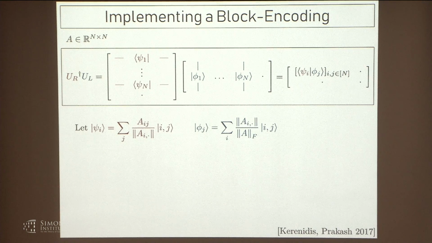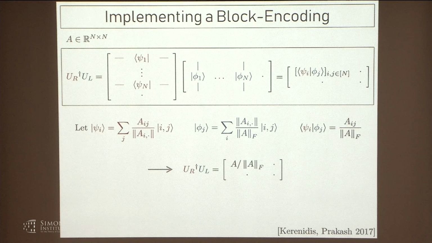And then you can see that if I define the vectors this way, I do have that psi i phi j is just the ijth entry of A up to the Frobenius norm. So what that means is that UR dagger UL is a block encoding of A. And so to implement a block encoding of A, it would be sufficient to implement UR and UL.